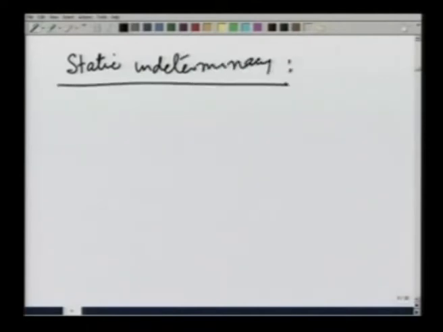Next, a very important thing let me talk about is static indeterminacy. If there is a structure or a body and it is in equilibrium under certain forces and constraints which are holding it together, then if the number of constraints is more than the minimum required for it to be in equilibrium, the system is known as statically indeterminate.